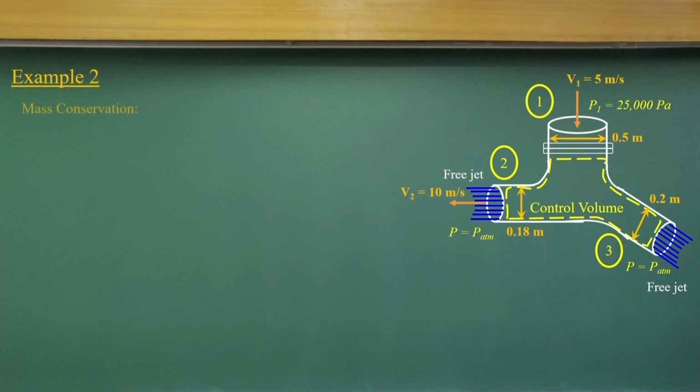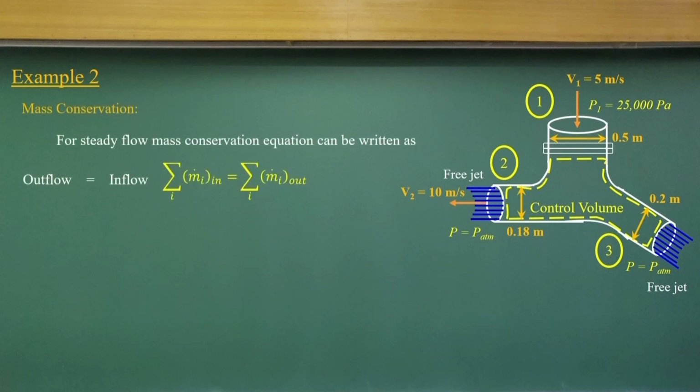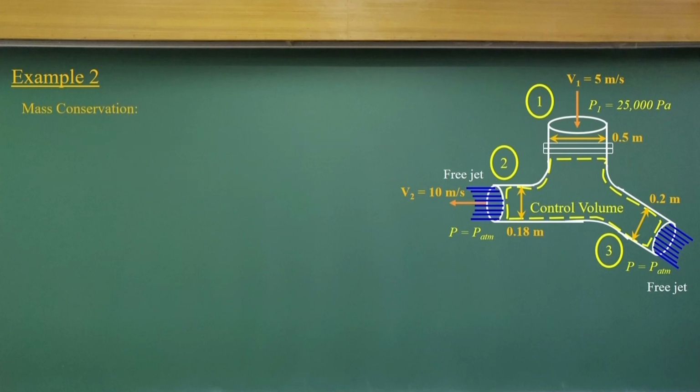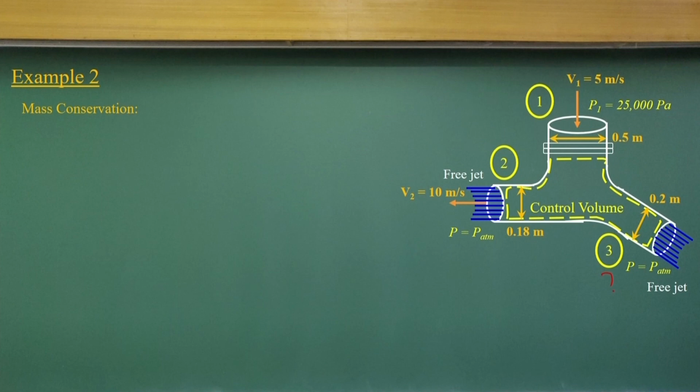Then we will apply the mass conservation equation to compute the velocity at section 3. We are applying the mass conservation equation for this control volume to compute the velocity at this point.